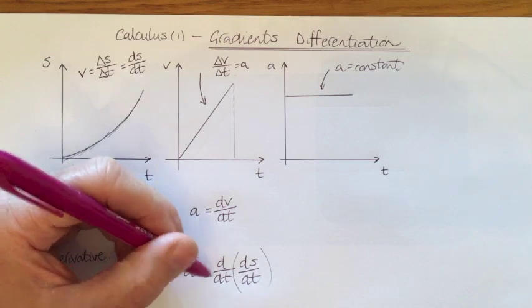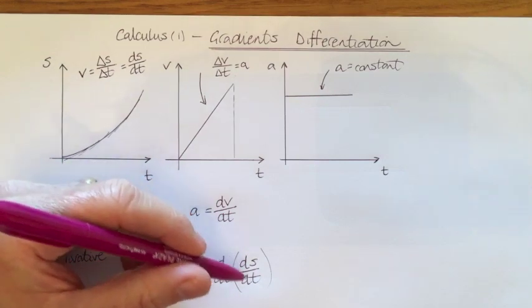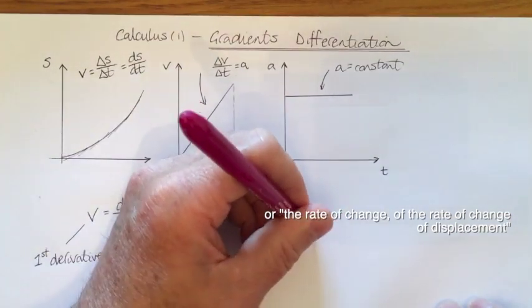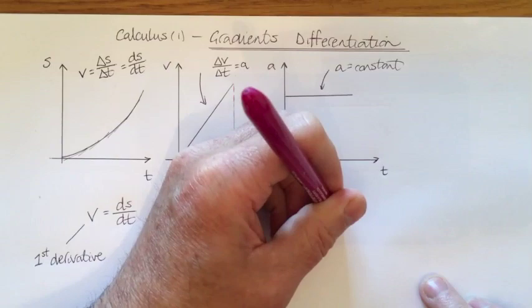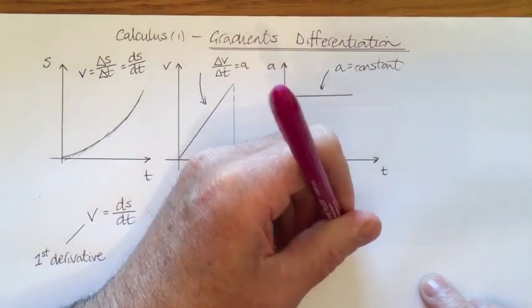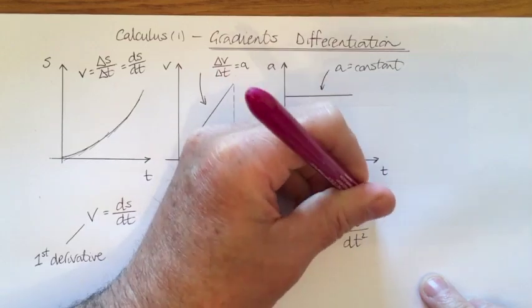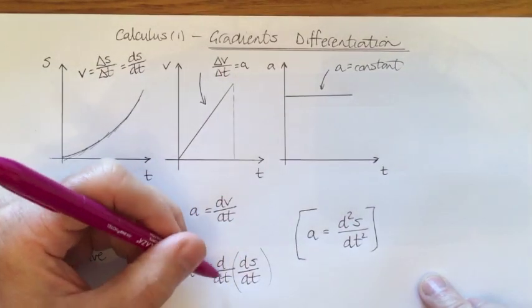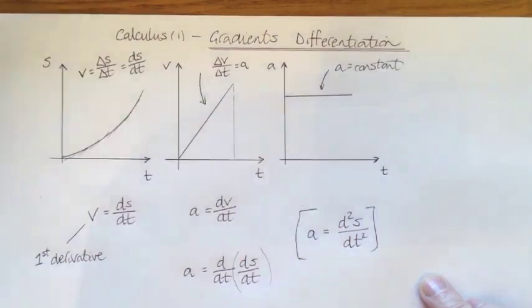So acceleration is the change in displacement over a period of time. We can rewrite that like this. Acceleration is the second derivative of displacement. Okay, d squared over dt squared.